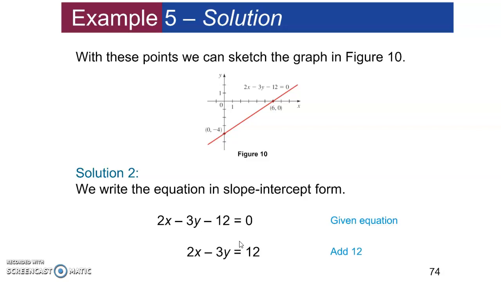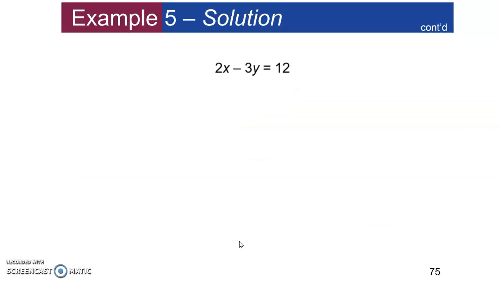Trying to get the y alone when we're putting it in slope-intercept form, we'd subtract 2x from both sides to get the -3y alone, and that would give us -3y equals -2x plus 12. And then, of course, to undo the multiplication by -3, we would divide both sides by -3, and we'd have y is equal to 2/3 x minus 4.